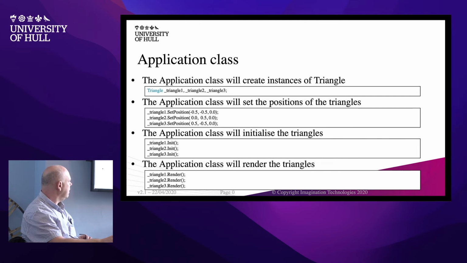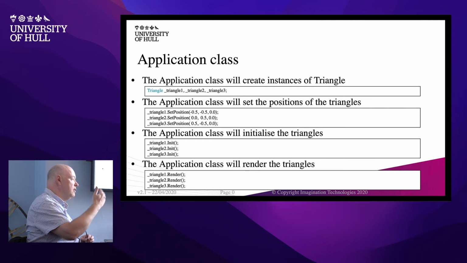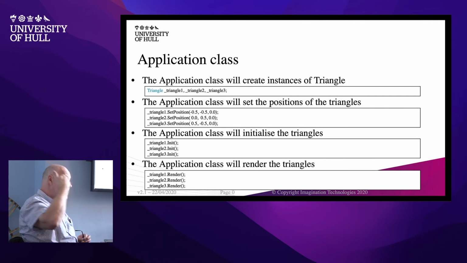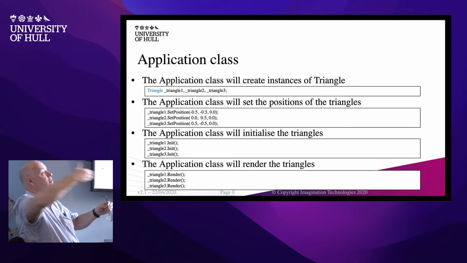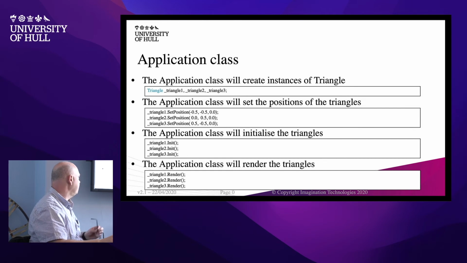The Y is going up and down, positive is up, and the Z coordinate is basically the in and out of the screen. Positive is towards you, negative is away from you. So if you want a triangle to go into the screen, you need to give it a negative Z. Positive, it will move towards you. Once we've set the positions, we can initialize it.